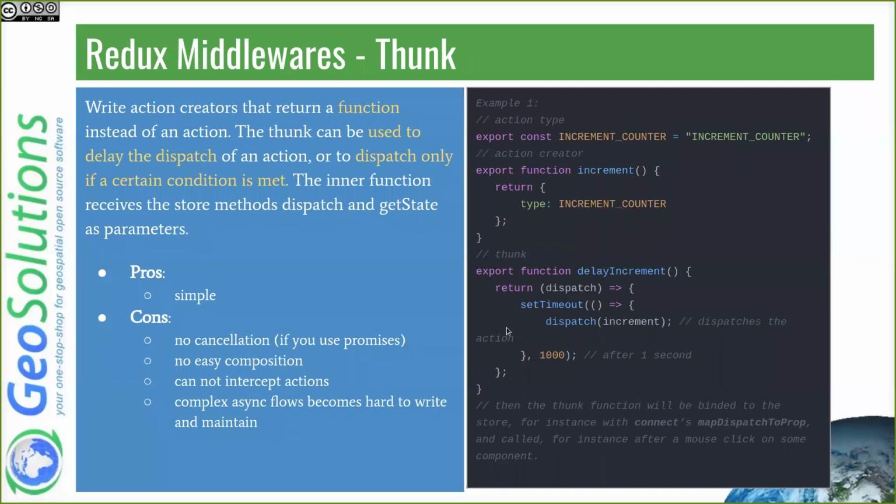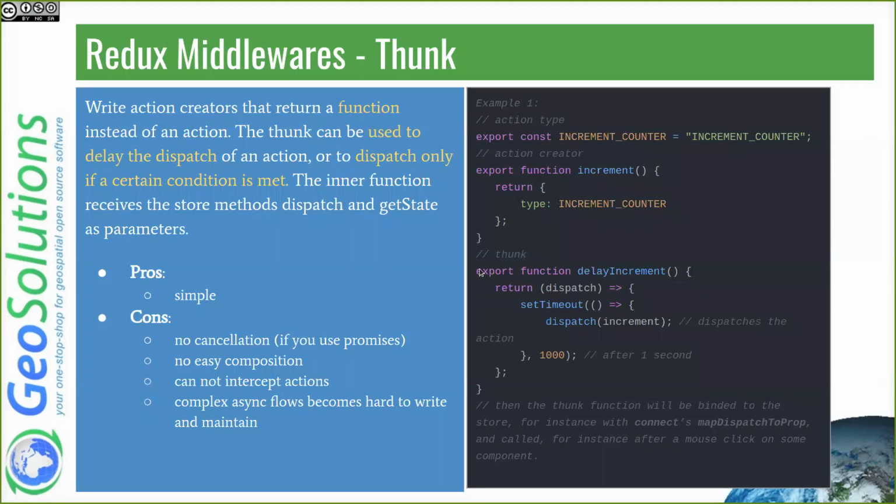If you return a function, and you add this middleware to Redux, there are methods of the store to add middlewares, these functions are called and a dispatch method is passed as an argument.